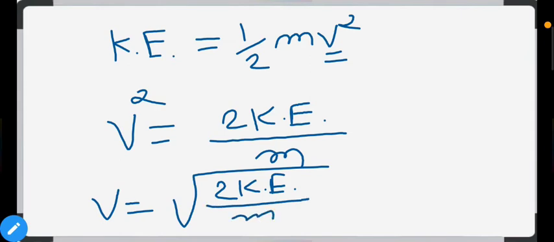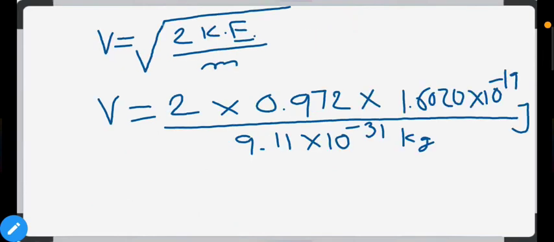Now we know the value of kinetic energy, which we obtained from the previous calculation. Putting in the values: 2 multiplied by the kinetic energy, which is 0.97, and now we have to convert the kinetic energy obtained in electron volt into joules again, because for this equation we need the energy in joules, divided by m, which represents the mass of the given particle.